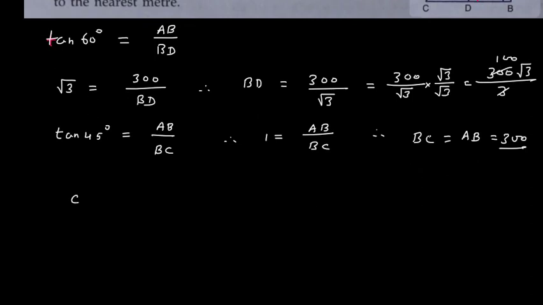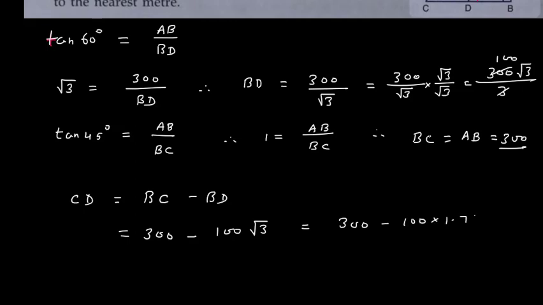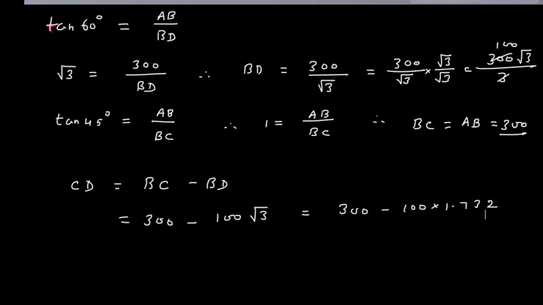Now I have to find CD. From this diagram you can see it is BC minus BD. So the value of BC we got is 300 minus 100 root 3. So this is 300 minus 100 into root 3. The value of root 3 is 1.732.